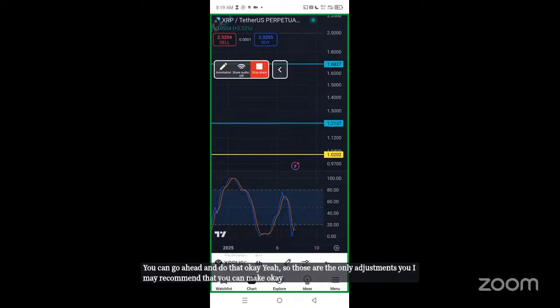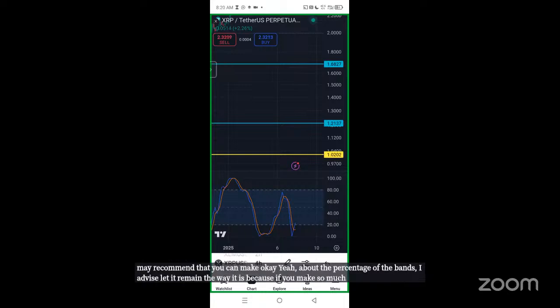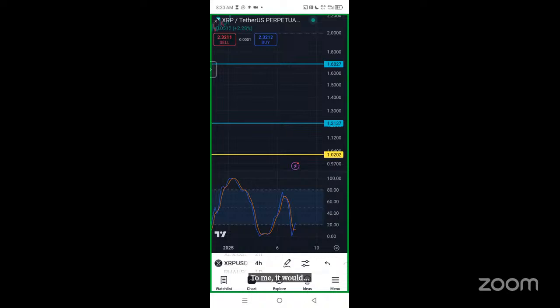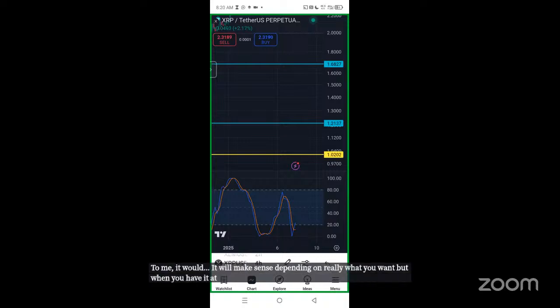About the percentage of the bands, I advise you let it remain the way it is, because if you make so much of an adjustment, then to me it will make sense depending on really what you want. When you have it at 80%, it gives you a gap of 20% in which you are to monitor the market and see should the moving averages go into those 20%, either above or below.